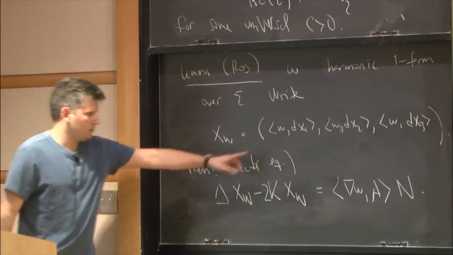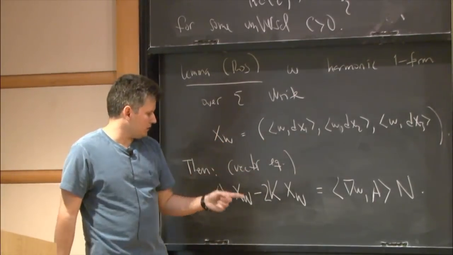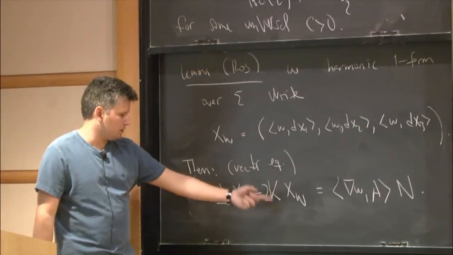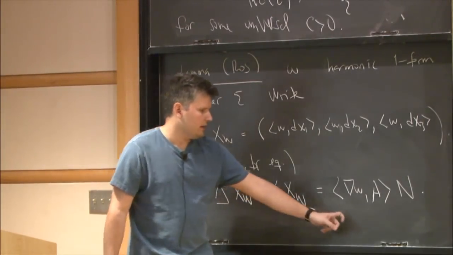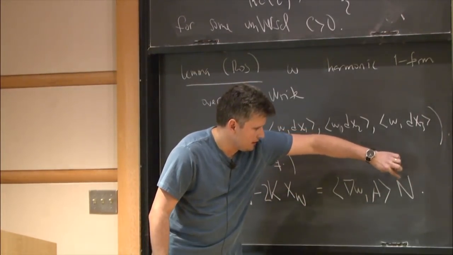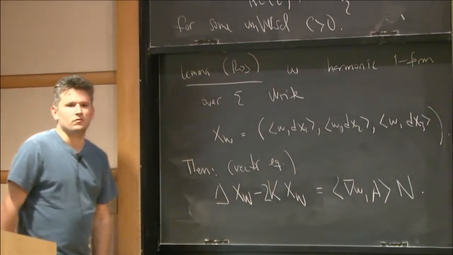In other words, this is a vector field with 3 coordinates, and for each of them, the Laplacian of the coordinate minus 2k times that coordinate is equal to this function times the corresponding coordinate of the normal vector field.